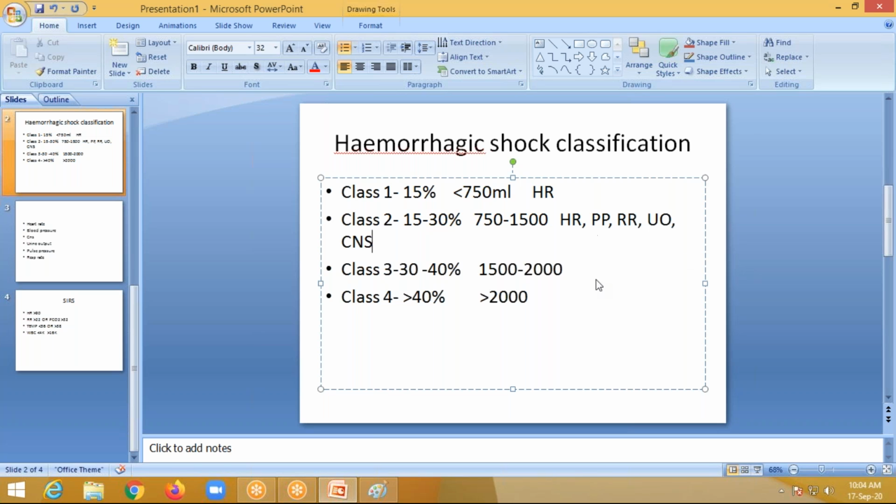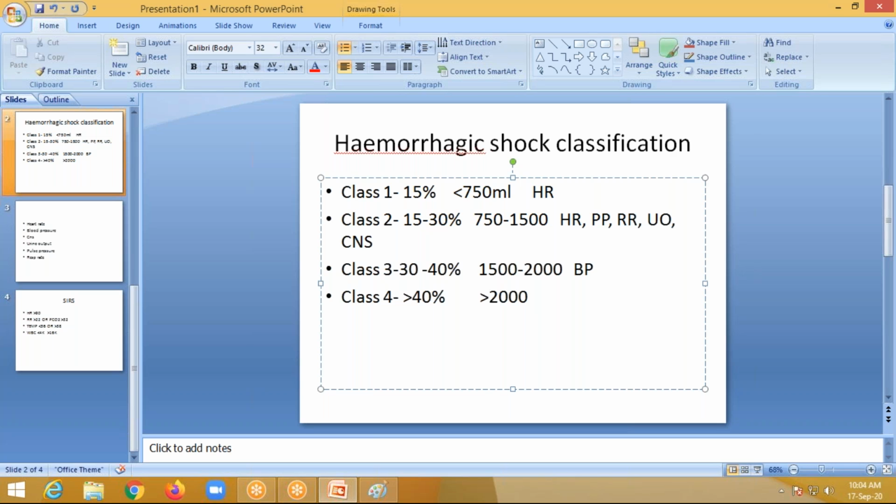And in class 3, along with the above things, BP will also decrease, the anxious patient is a little bit confused also, and urine output will decrease to 5 to 15 ml per hour. Then class 4, everything will be changed and the patient may be confused or lethargic.